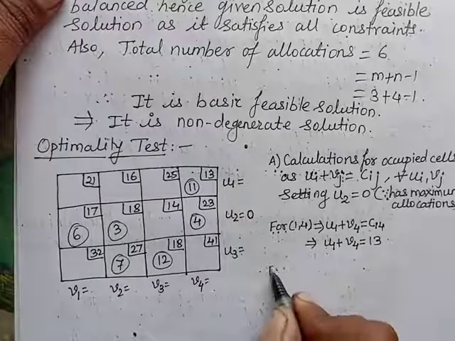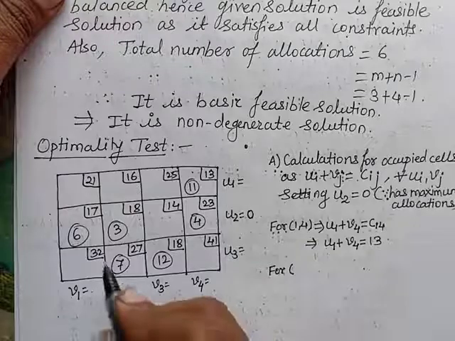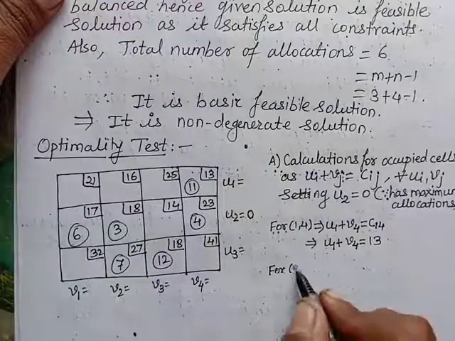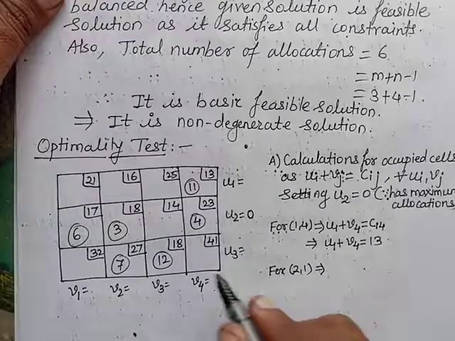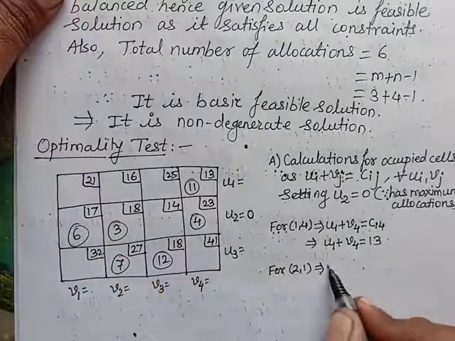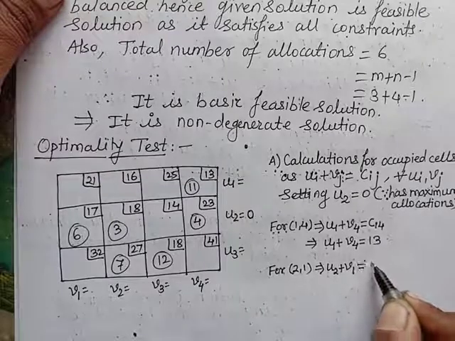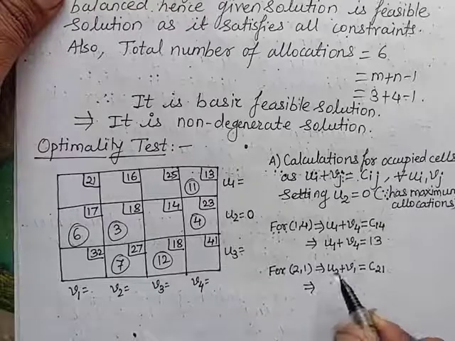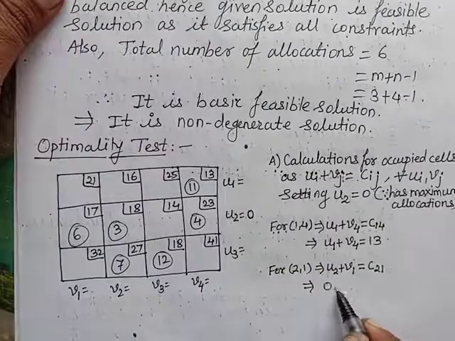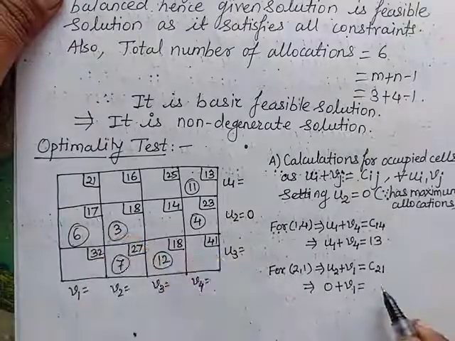Now for cell 2,1: u2 plus v1 is equal to C21. That is u2 is 0 plus v1 unknown, and C21 is 17.